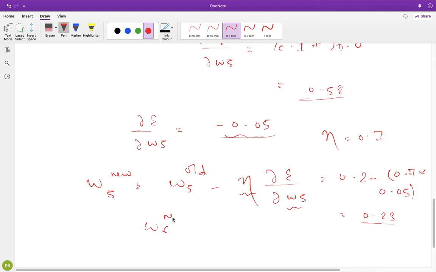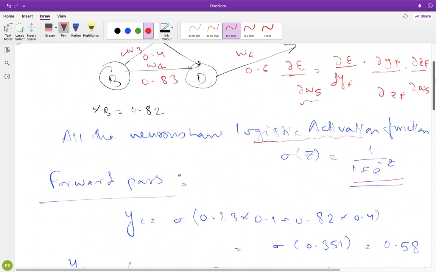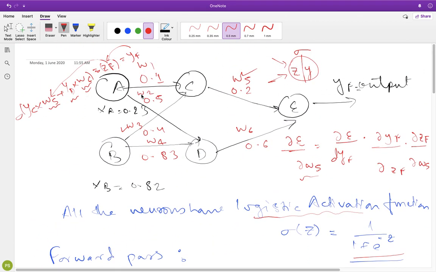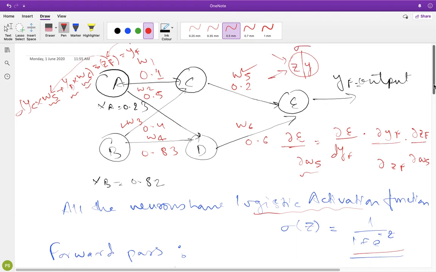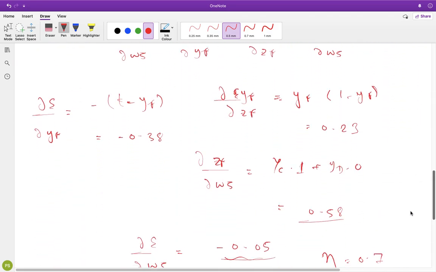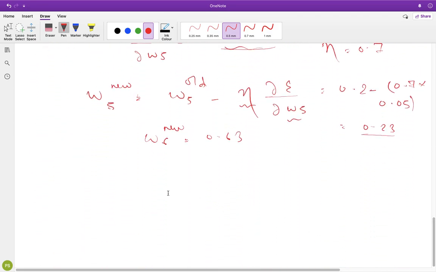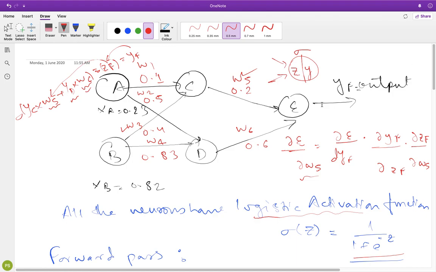Similarly, we get the value of W6 new by following the same procedure. First we calculate the logit and apply the chain rule to calculate the derivative with respect to that weight. Then similarly, for the calculation of dE by dW3, what is the output of this neuron?